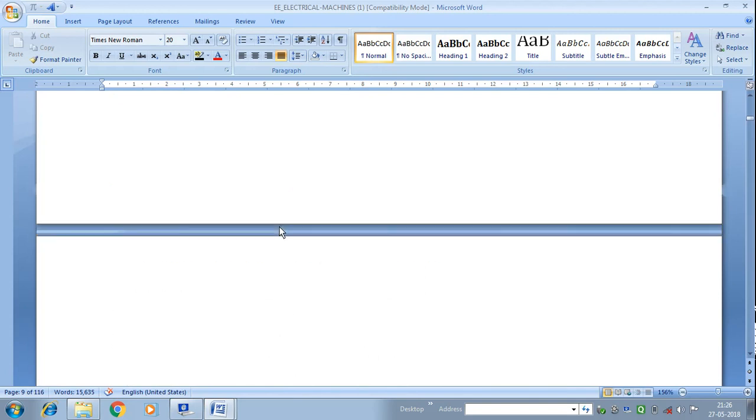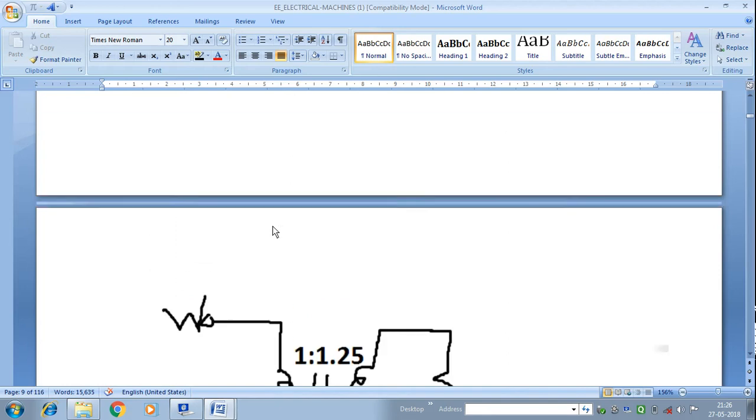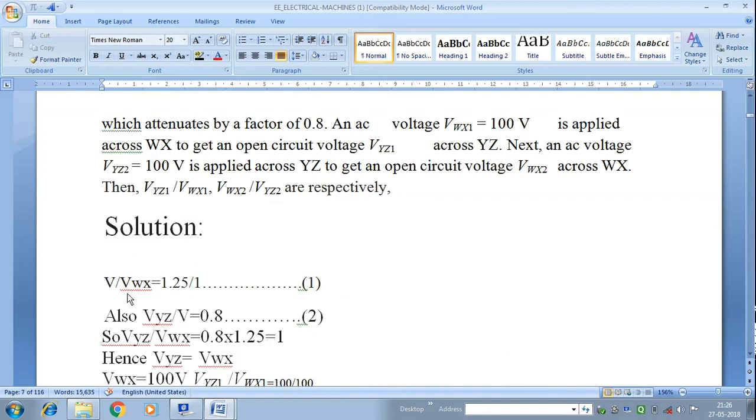So let us see the solution. So V by VWX is equal to 1.25 divided by 1. So already we know that the transformer has the relationship N2 by N1 is equal to V2 by V1. Here N2 is 1.25, the number of secondary turns, and this is the number of primary turns.